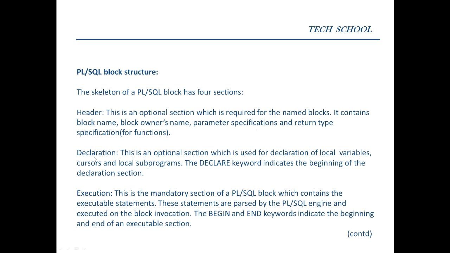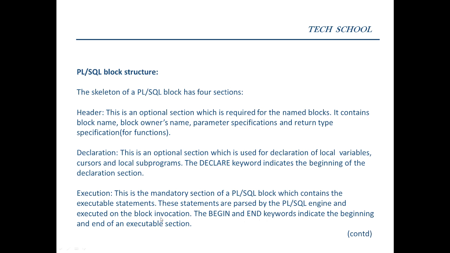Okay. Declaration section. This is a place where the local variables, cursors, and local subprograms are declared. The declare keyword indicates the beginning of this declaration section. Then comes the execution section. This is a mandatory section for any block. The begin and end keywords mark the beginning and end of the executable section.